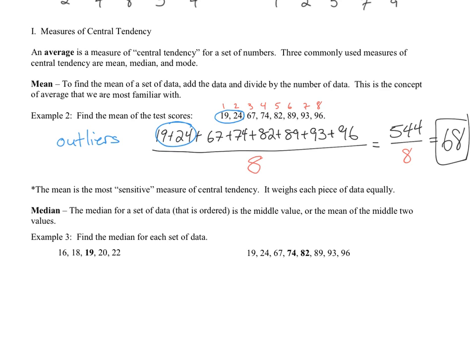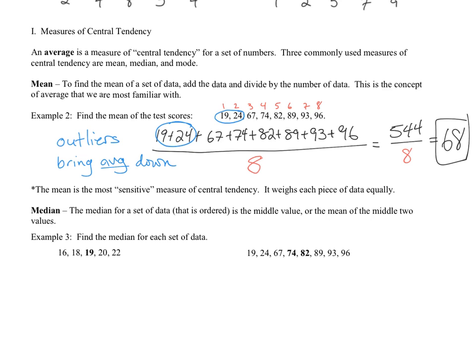These numbers are very, very far from our average. 19 is a pretty low score. That normally doesn't happen. Same thing with the 24. And these numbers, these outliers in this case, bring the average down. So AVG is just an abbreviation for average.